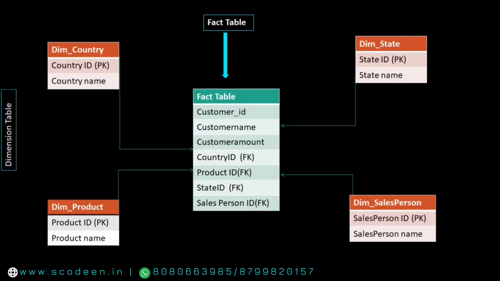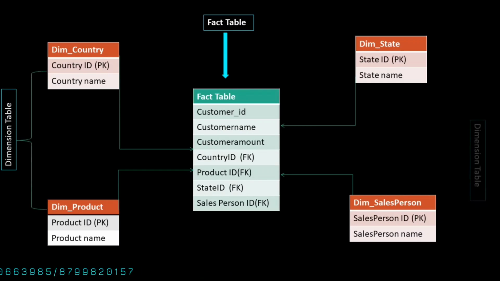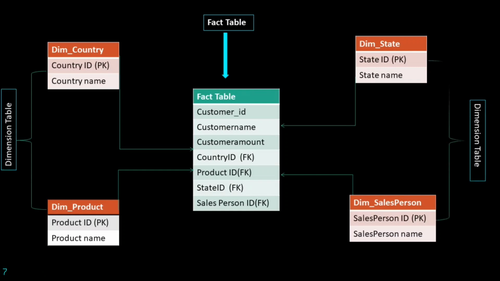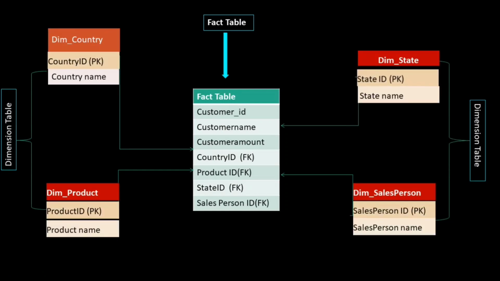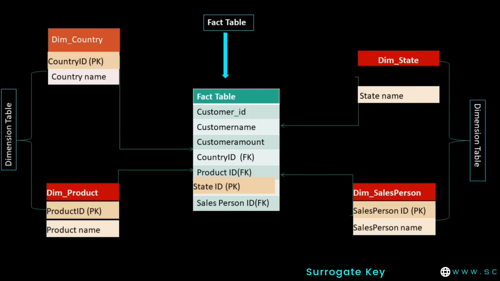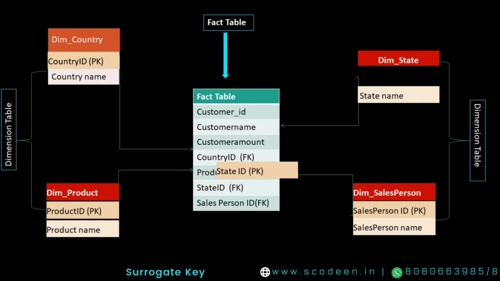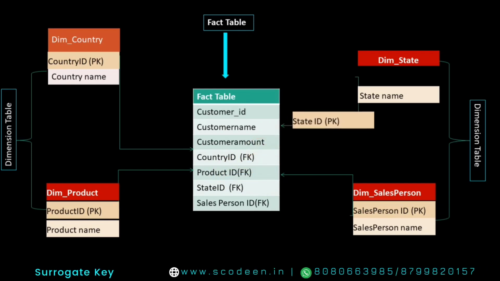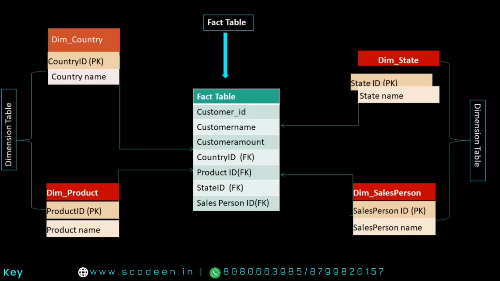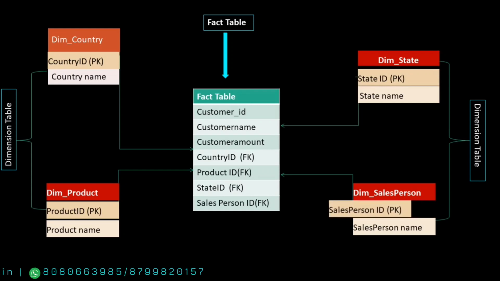So now let's understand what is the role of the data here. So now we can observe here primary key of each and every dimension table will be considered as foreign key in the fact table. Observe here state dimension state ID is the primary key. It will be considered as foreign key in the fact table.